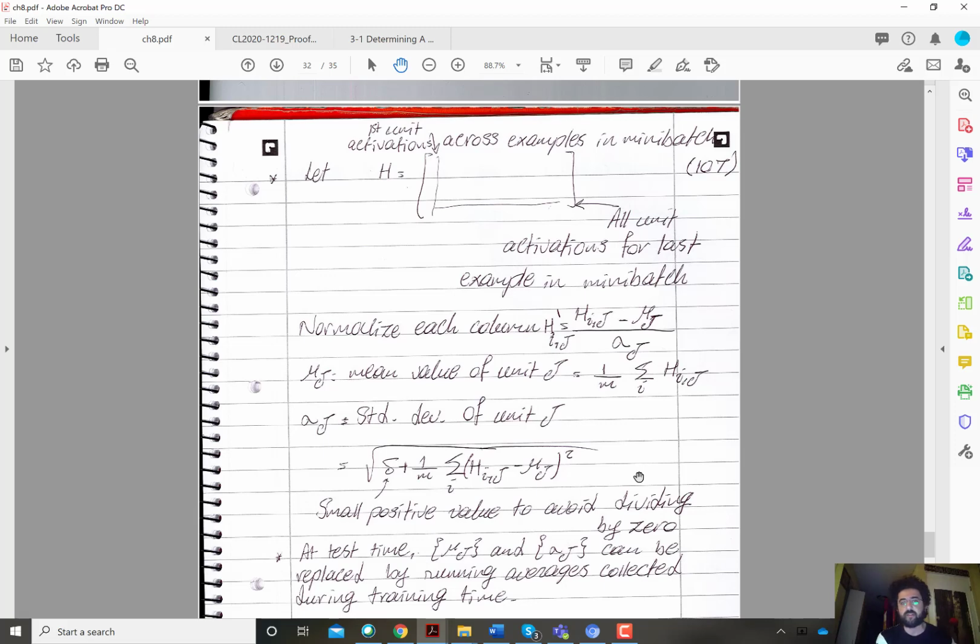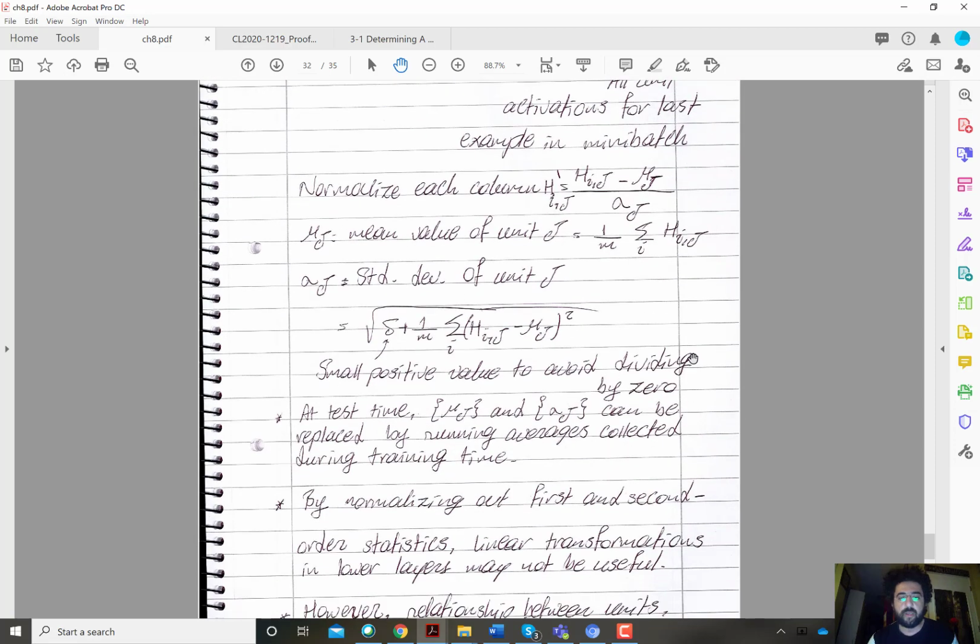You cannot rely on test batches, because you want to be able to classify every example by itself without even having other examples. So the values of the mean and standard deviation that are used to normalize the statistics are computed from the training data. Sounds good?